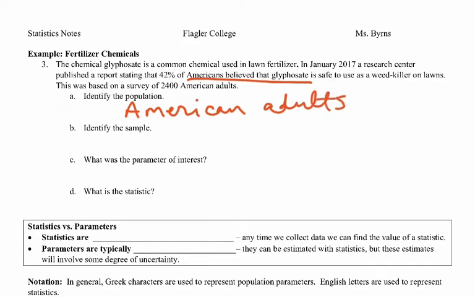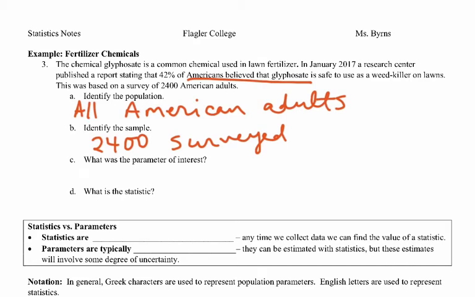We didn't ask kids or anything like that. So our population would be all American adults. Then our sample would be the 2,400 surveyed American adults. Since we can't possibly ask every American adult their opinion on this, we pull a sample of 2,400.